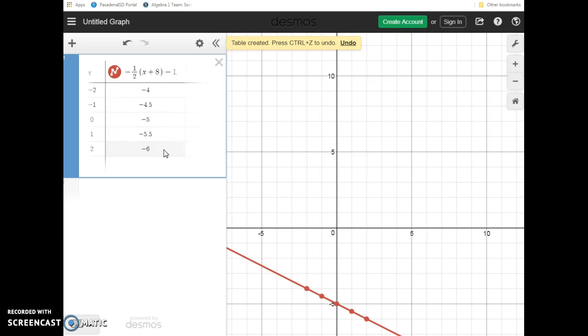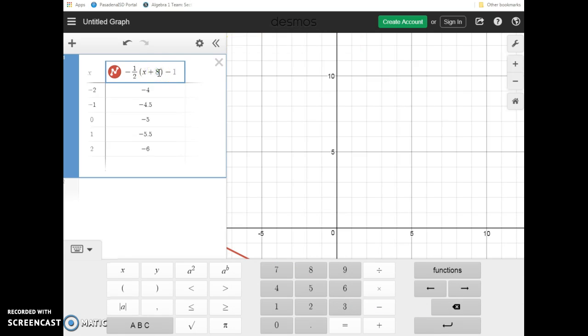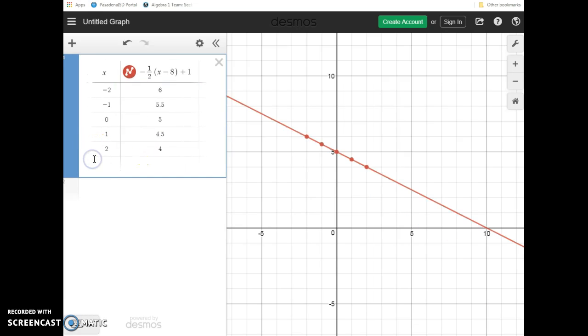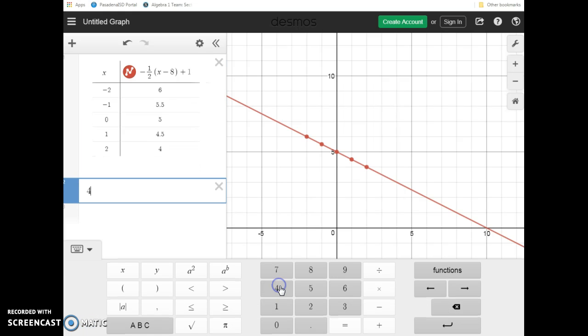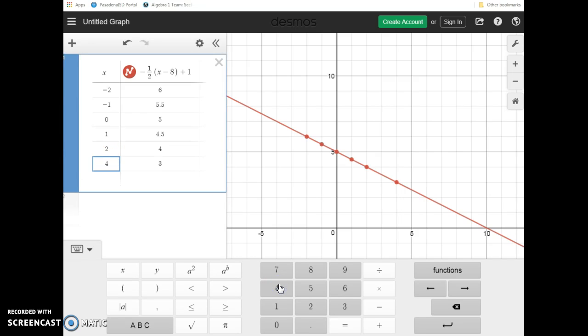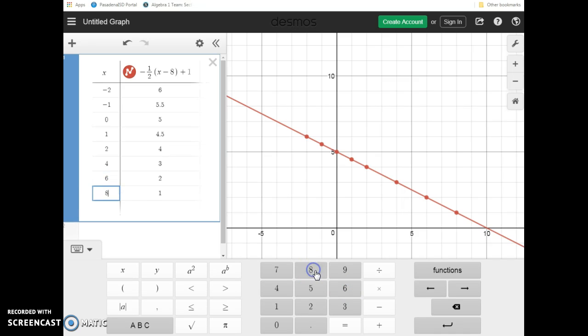It was supposed to be minus 8. Right? And this was supposed to be plus 1 because 2 gives me 4. 4 gives me 3. 6 gives me 2. And 8 gives me 1.